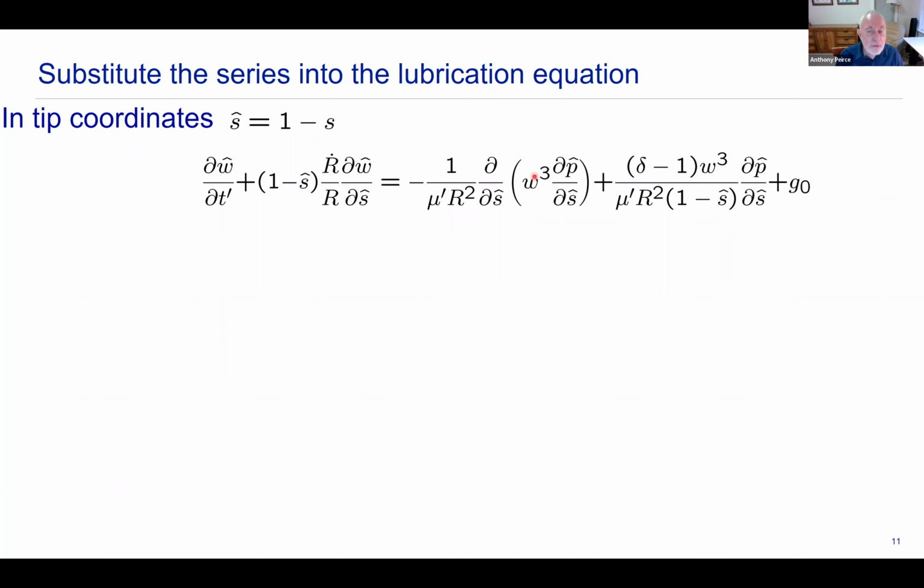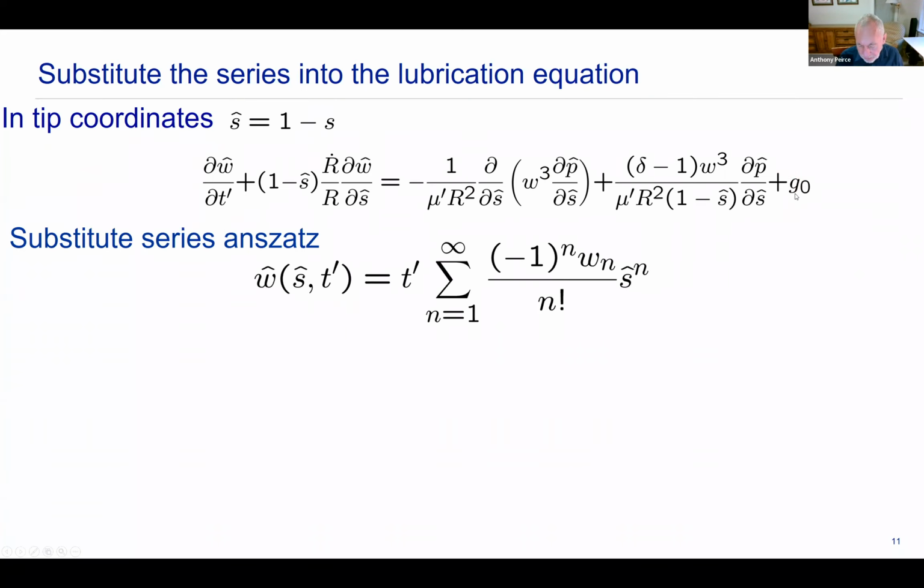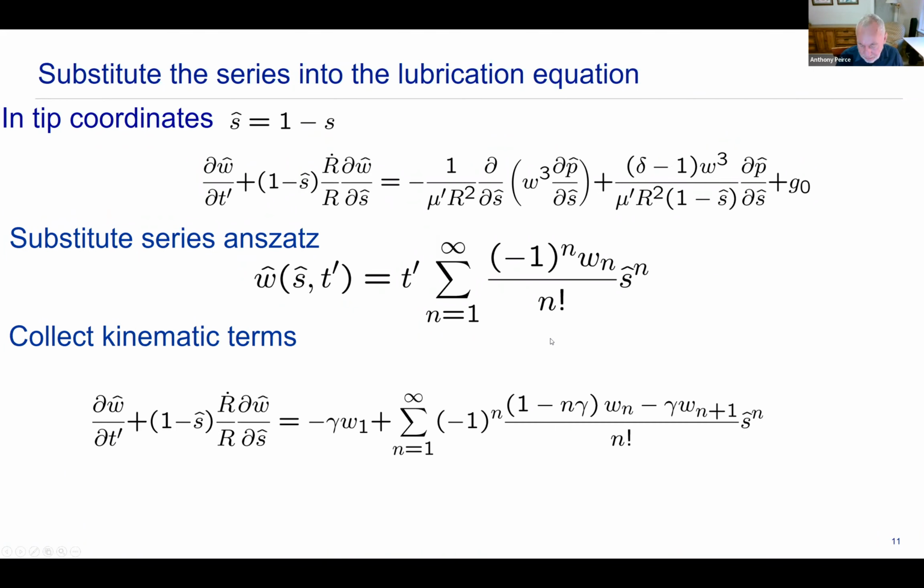This is the important one. So this is the full lubrication equation, and G naught is assumed to be just a function of time. Okay, and we have that series ansatz, and we plug it in. And if we collect the kinematic terms, we can write it in a convenient form like this.